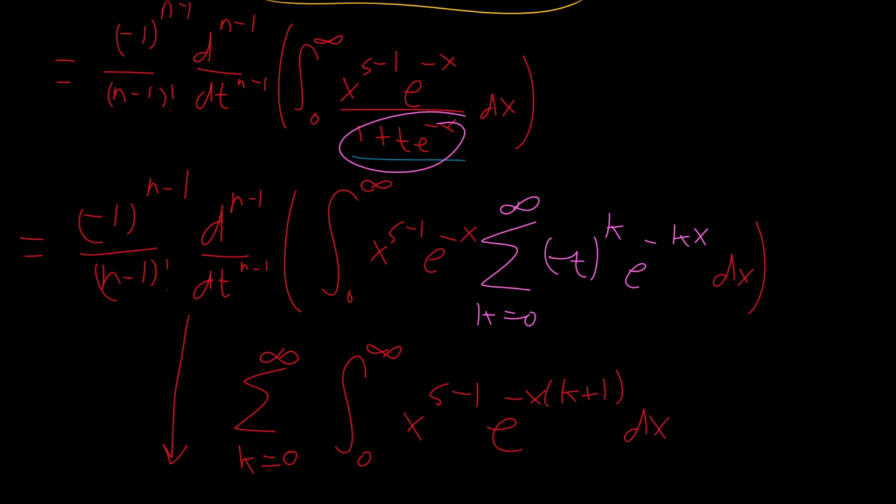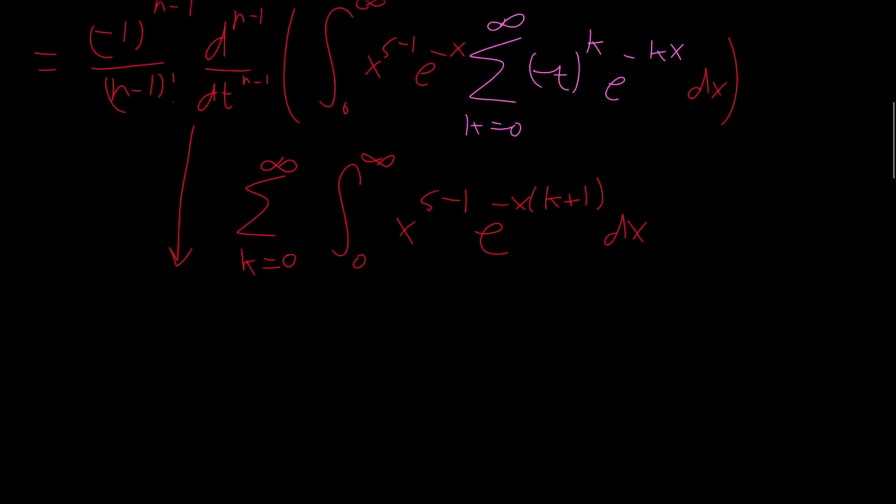And what we can do now is just do a quick substitution to evaluate this integral right here. So just let u equal x(k plus 1), and du is going to be equal to dx, but we're going to have this extra k plus 1 term, so I'm going to stick that right here.